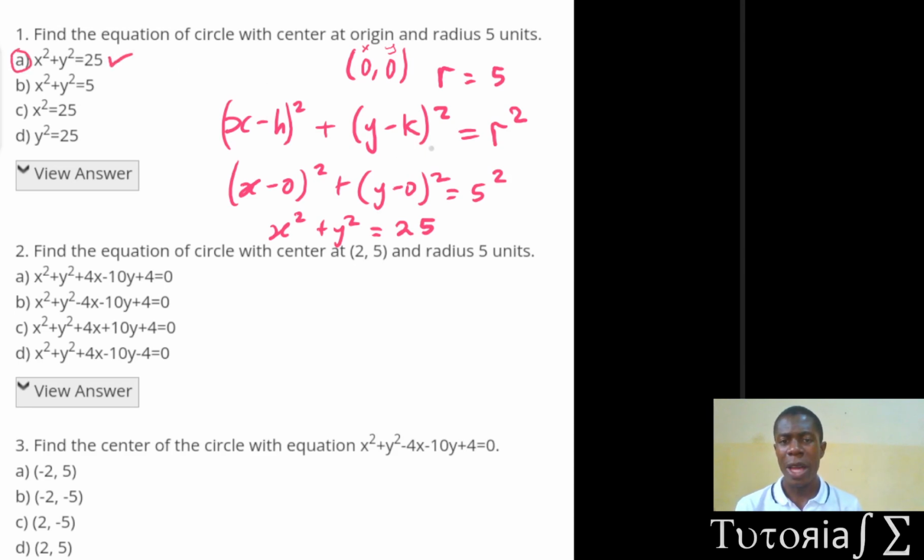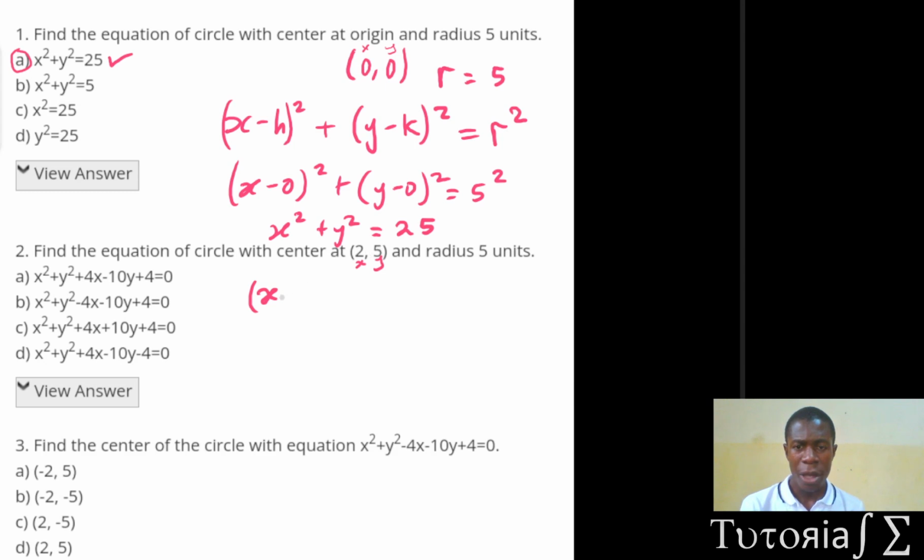Okay, so that is how you find the equation of the circle when you're given the radius and the center. The same applies for this one. Find the equation of the circle given the center. Again, you are given the center; this is the ordinate for x, and this is the ordinate for y.